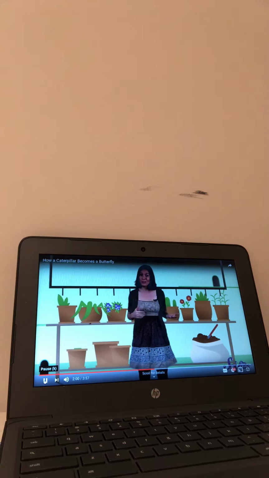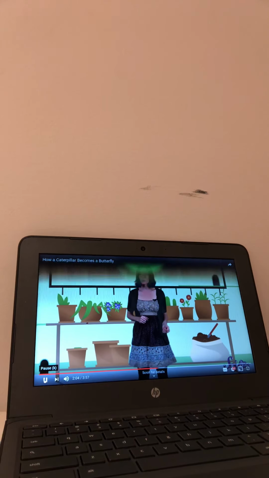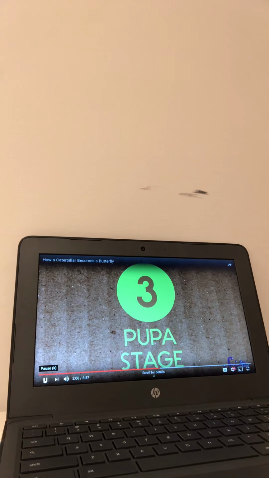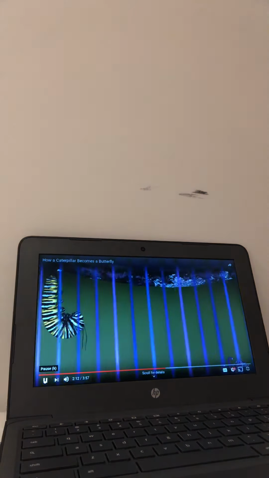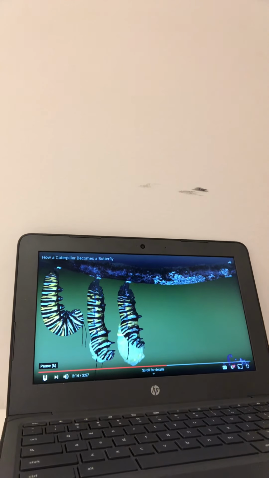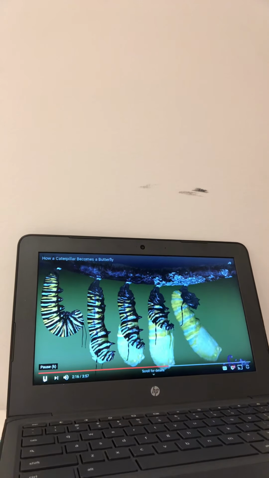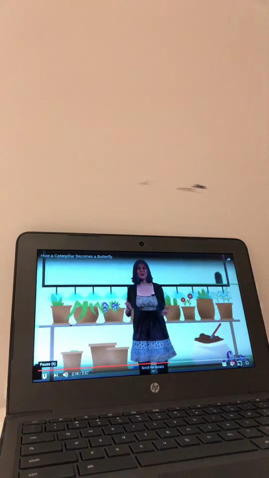After all that molting and regrowing, the caterpillar's ready to take a break. In stage number 3, the pupa stage. The caterpillar finds a sturdy branch or stem to hang upside down from. It molts its exoskeleton one final time, regrowing a new layer called a chrysalis. Inside the chrysalis, the caterpillar isn't really a caterpillar anymore, but a pupa.